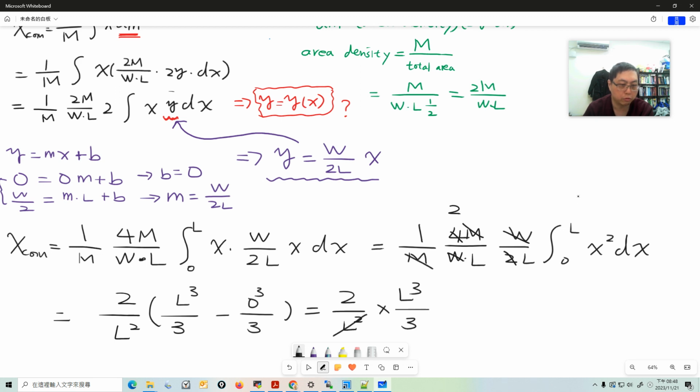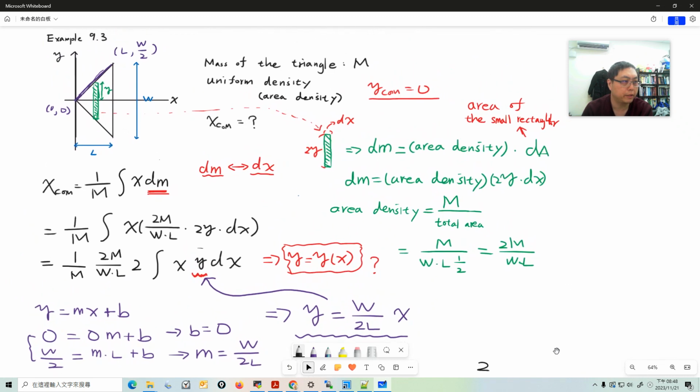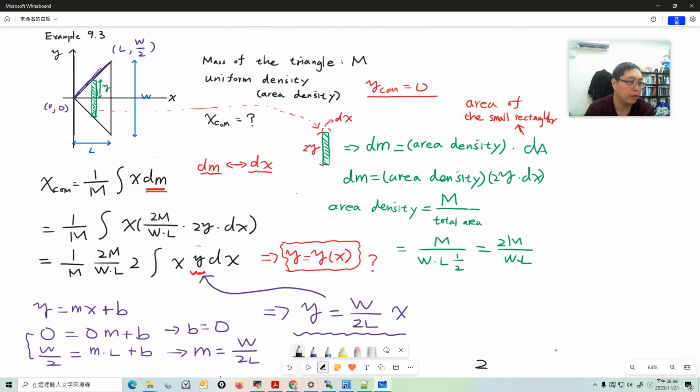So it cancels out. So the x-coordinate of the center of mass is 2 over 3 times L. So it's probably right about maybe here.